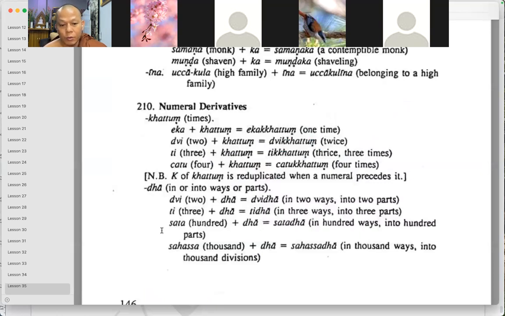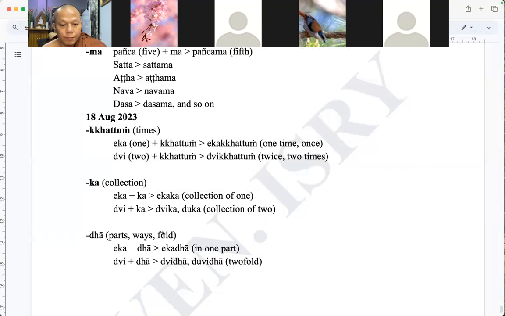In two parts or twofold, and tidha, catudha, and so on. So tidha is in three ways, in three parts.